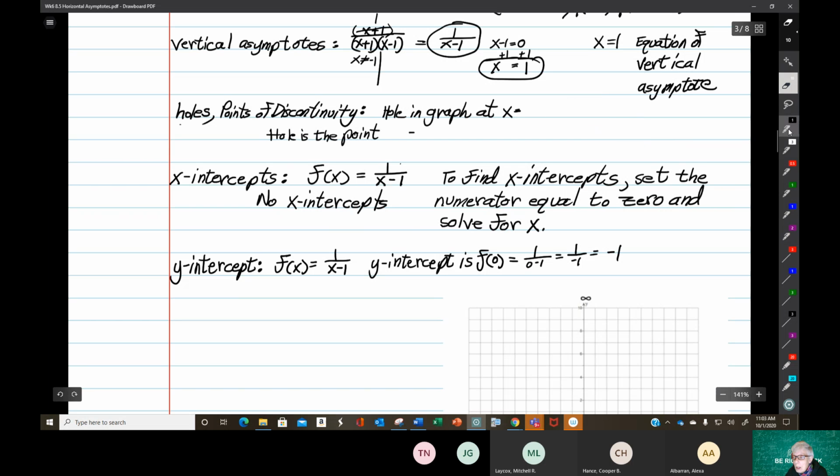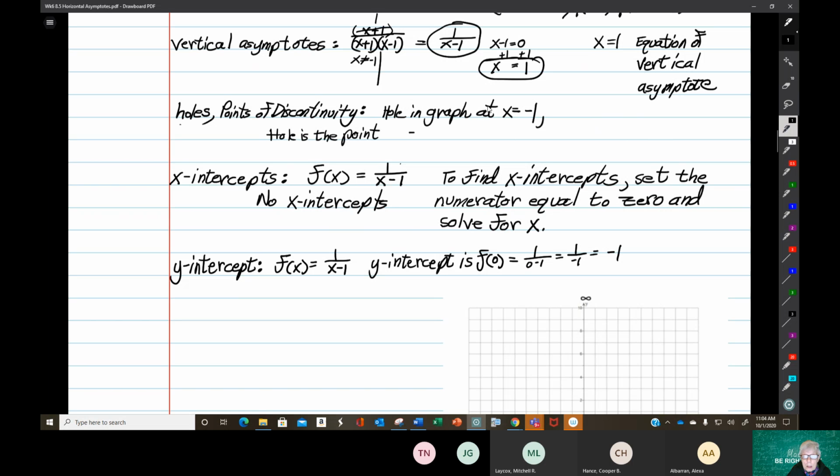So the hole in the graph is at x equals -1.